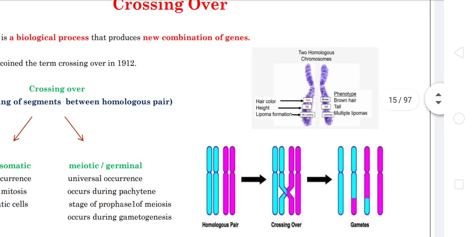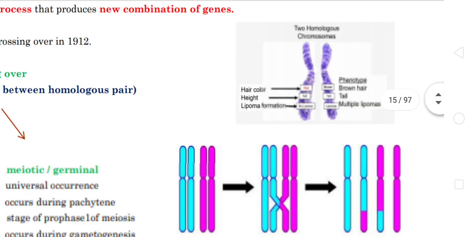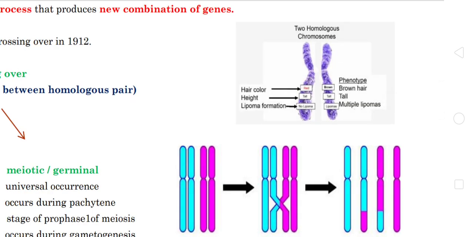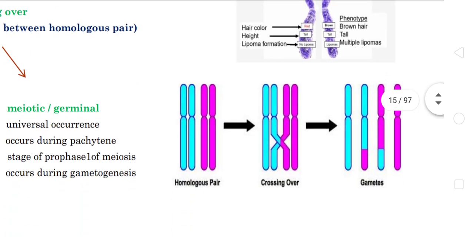Just observe the pictures. Here, two homologous chromosomes represent different traits. Structurally they look alike, but they are not the same chromosome. They are different chromosomes, one shown in purple and another in light blue. As a result of crossing over, we can get 4 gametes.